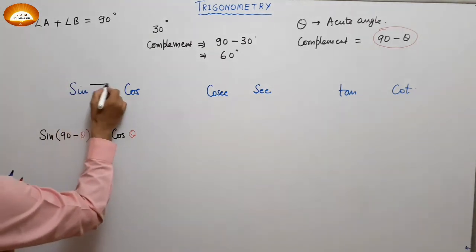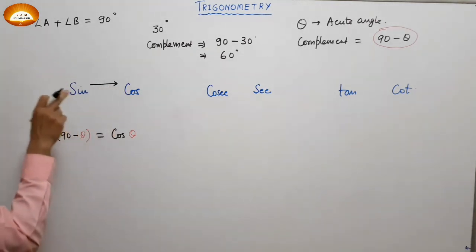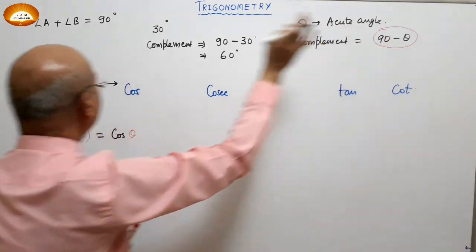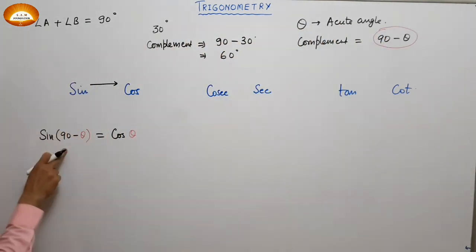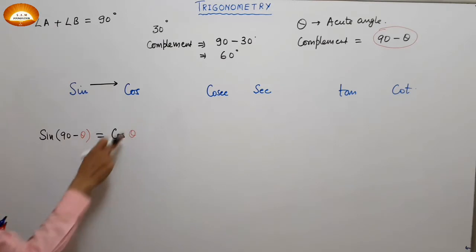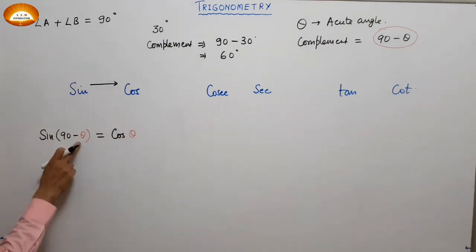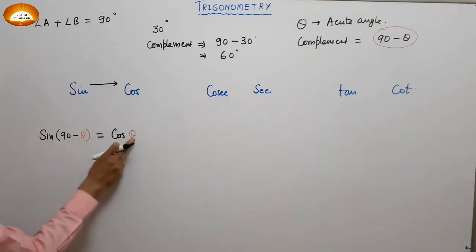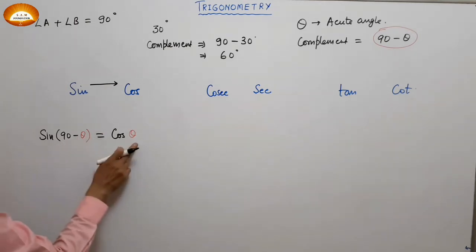I am making this arrow. It shows when 90 minus theta is associated to the sine ratio, it changes to cos. And this theta, whatever angle will be there at this place, the same angle will come. This 90 is going to vanish here.